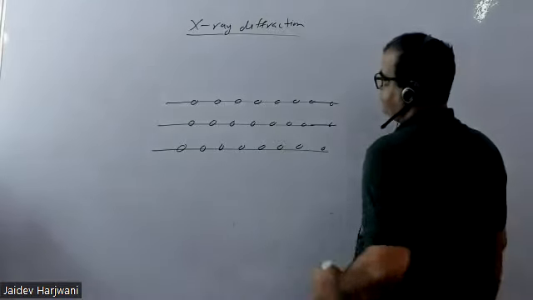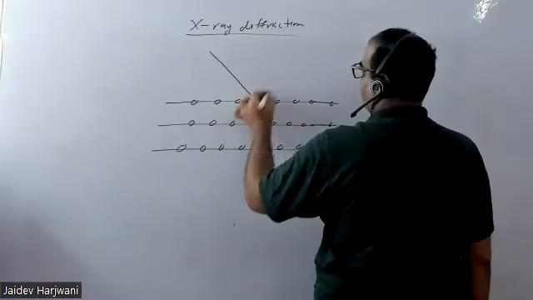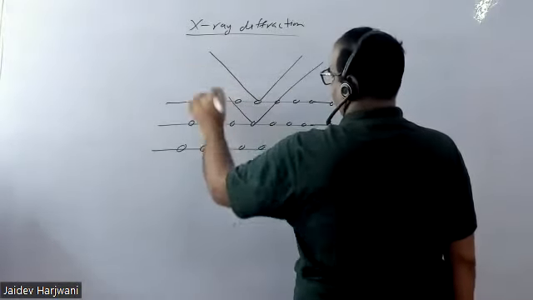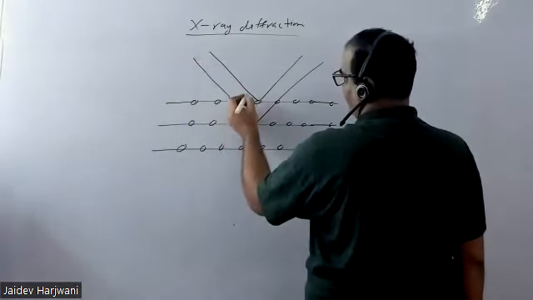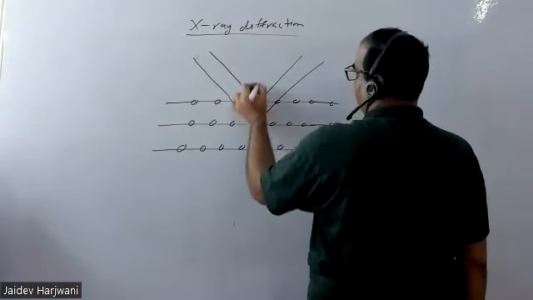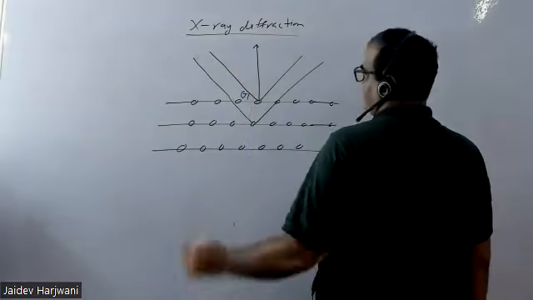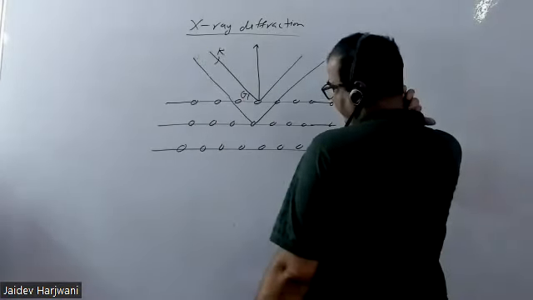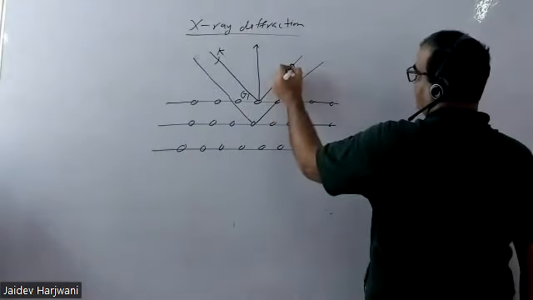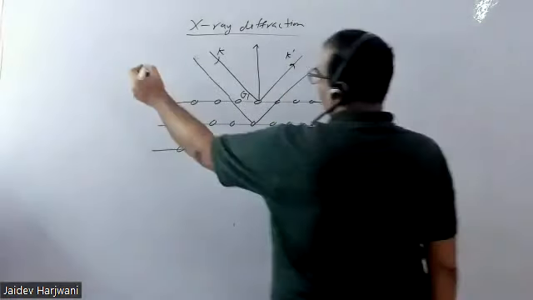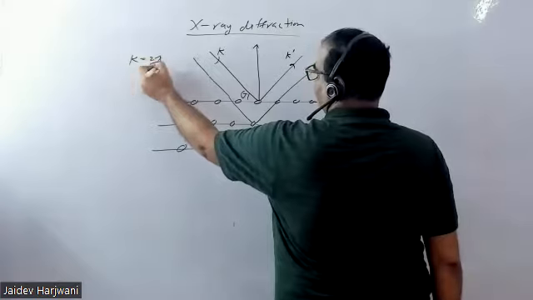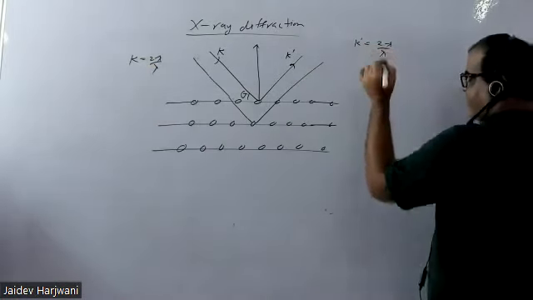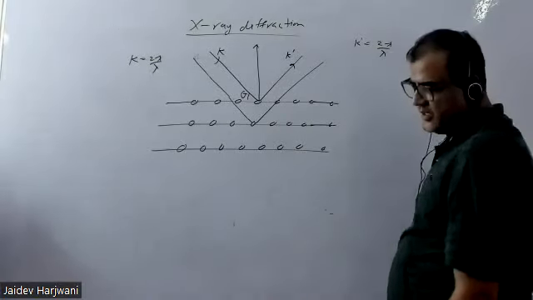If the X-rays are falling at angle theta, and this is the perpendicular, and this is my k wave vector, the incoming wave, and this is my deflected wave, then k is equal to 2 pi by lambda. Similarly, k dash is also equal to 2 pi by lambda. Why? Because this is elastic scattering.